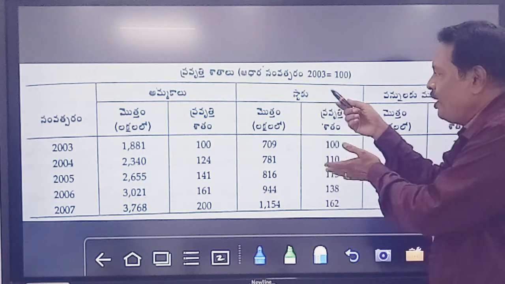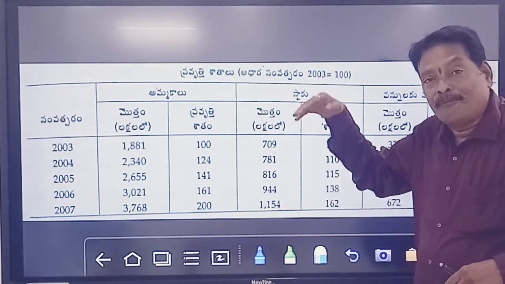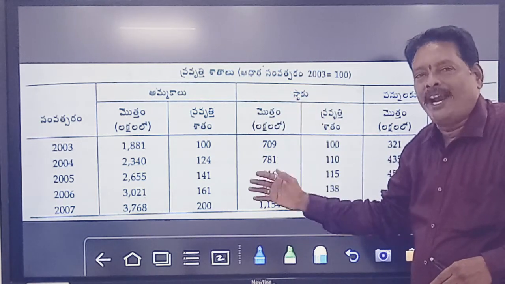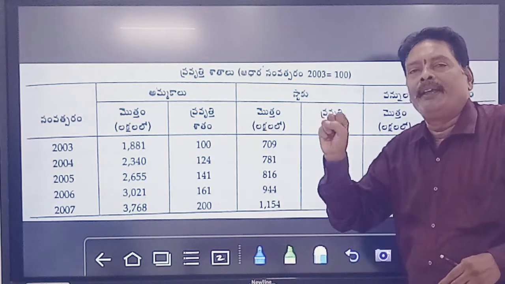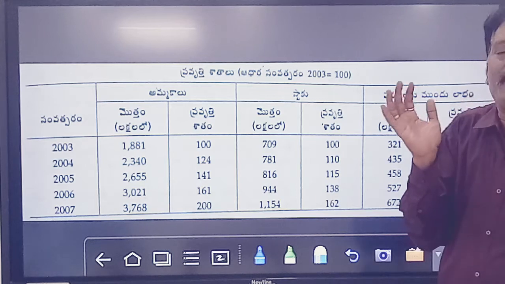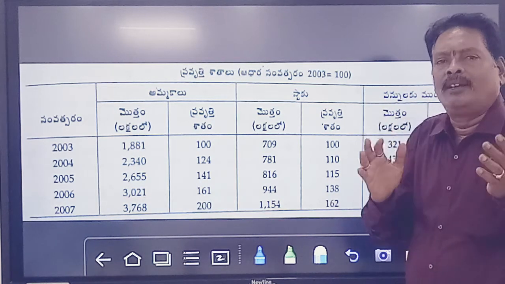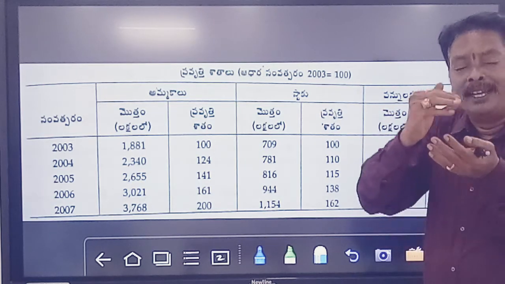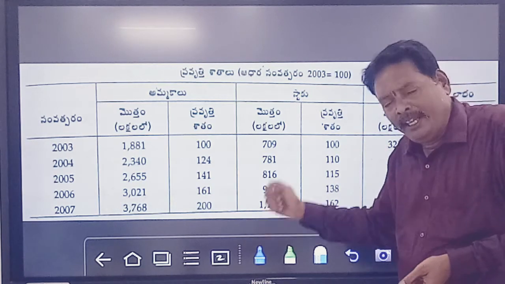So preparation of the statement is not enough. After preparing the statement, every student must write his views by writing a small paragraph. That is more important. Whatever his ideas, whatever his comparing percentages, those ideas must be written in the paragraph.